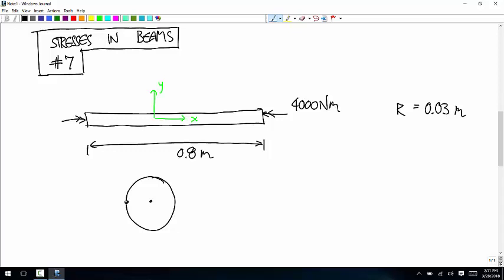So A, B, C, those are all along this line.